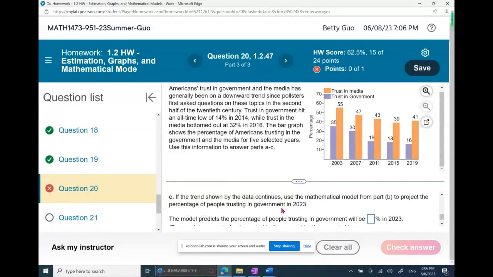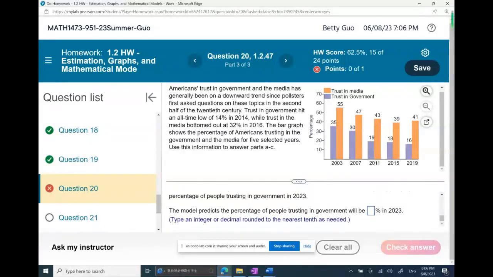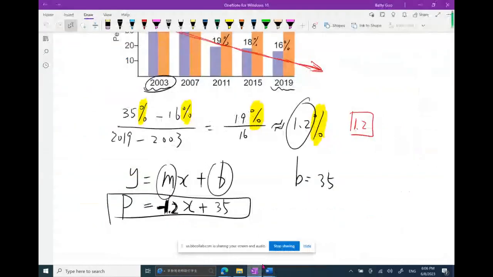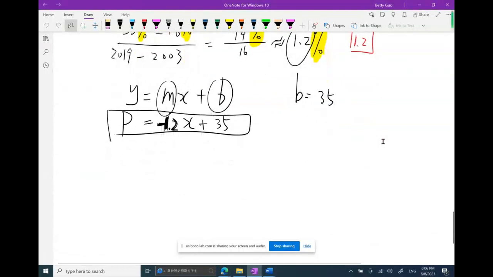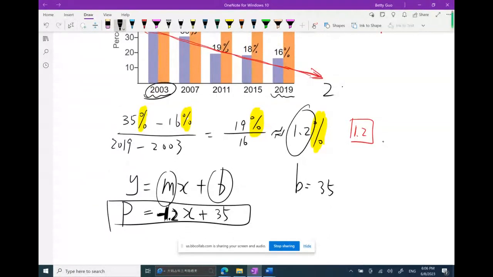If the trend shown by the data continues, use the mathematical model from part B to project the percentage of people trusting the government in 2023. So part C is to predict. One purpose of using a model is to predict the near future. Remember, it has a scope, not far in the future, but the near future.